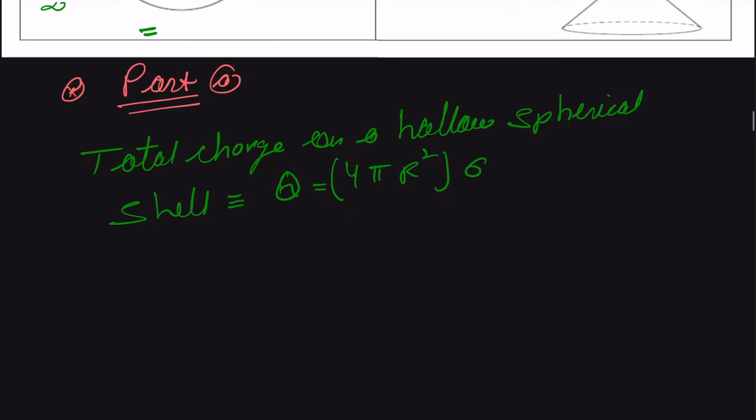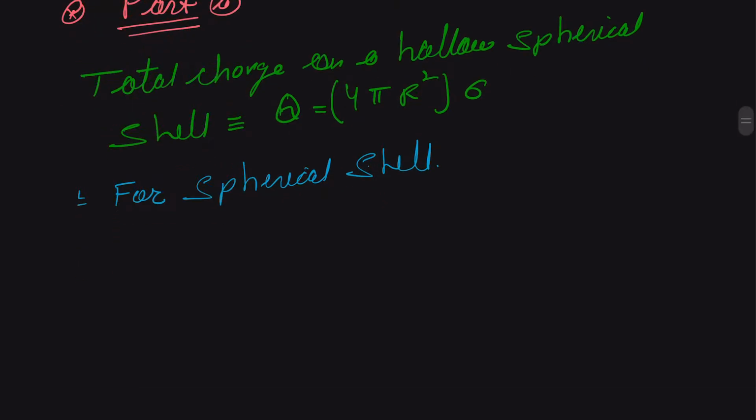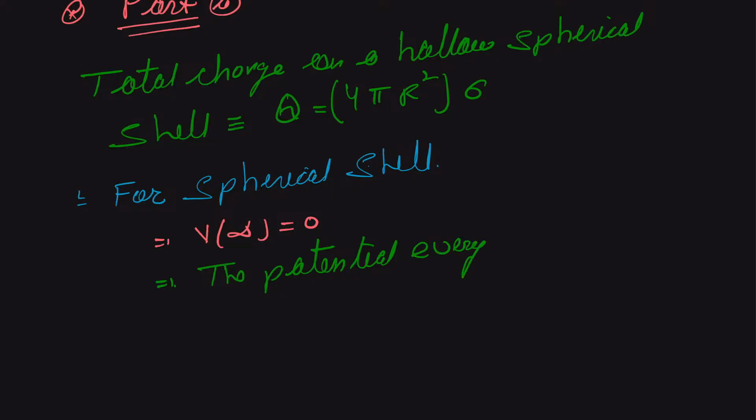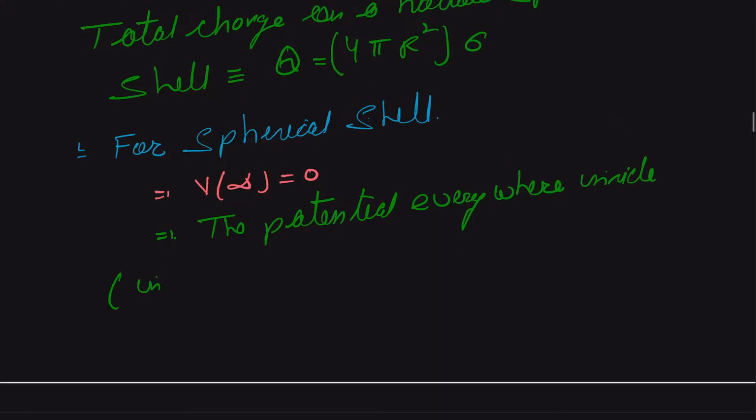So for a spherical shell, we can write that the potential at infinity in the ideal case is equal to 0, and secondly, the potential everywhere inside, including the center, equals the surface value.